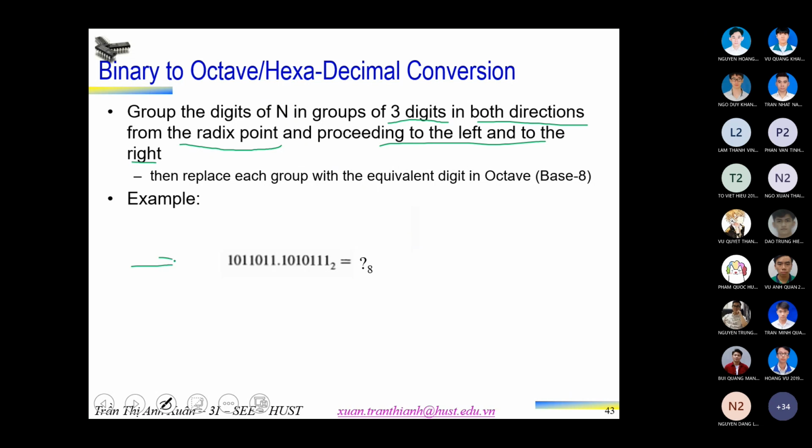Here is an example for conversion from binary to the octal number system. You have 1 minute to do this exercise.